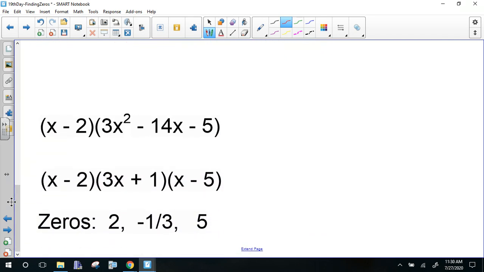So if I can get it down to a quadratic, I should be able to factor it. So here I'm looking for factors of negative 15 that add up to give me a negative 14. Okay, the bigger one's got to be a negative. So it's got to be a 1 and a negative 15, right?